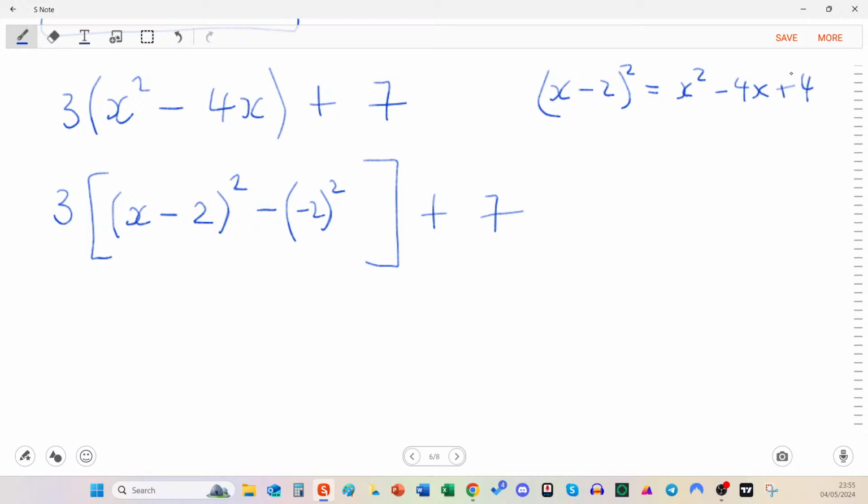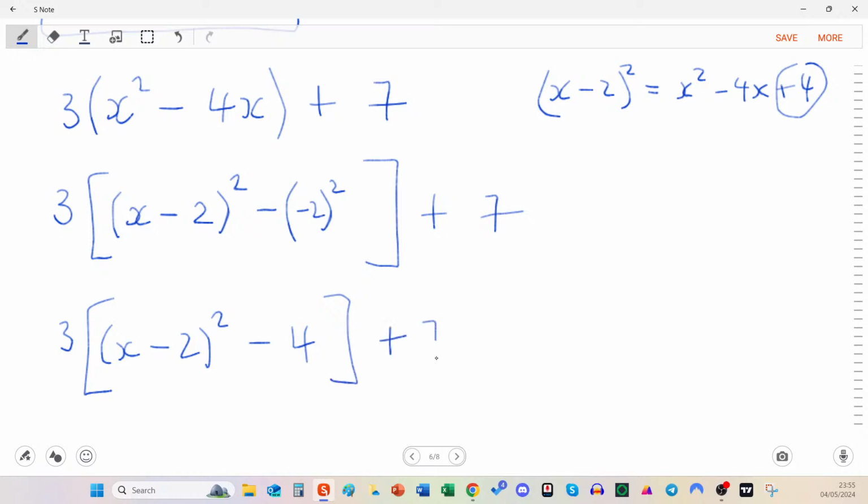So we need to take away that 4 in order to get our x squared minus 4x. And that's what this thing is here. This is take away 4. Right, let's go. 3 times x minus 2 all squared, take away 4, plus 7.